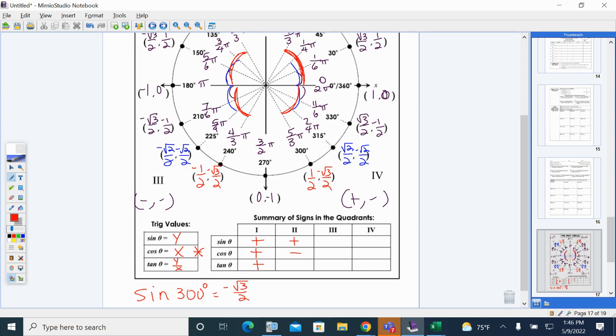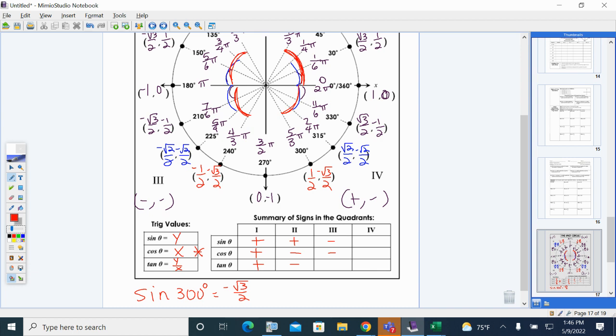And then think about tangent. Tangent, we have to divide the two. So when we take a negative and we divide by positive, or positive divided by negative, it's still going to be negative. In the third quadrant, both the x and the y are negative. So sine is y, it's negative in the third quadrant. Cosine is the x, and if x is negative in the third quadrant, so is the cosine.